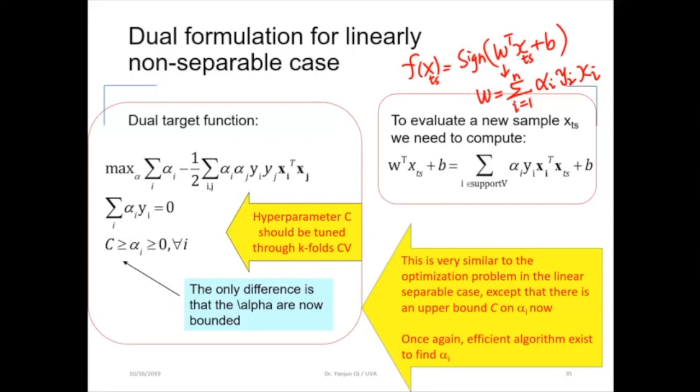I'm going to talk later about how the majority of the alpha i are 0, which means the computation here really only relates to those alpha i that are not 0, which contribute to the prediction function.